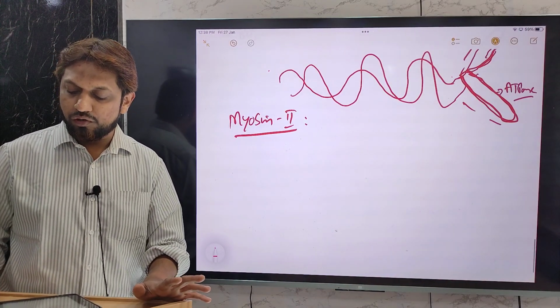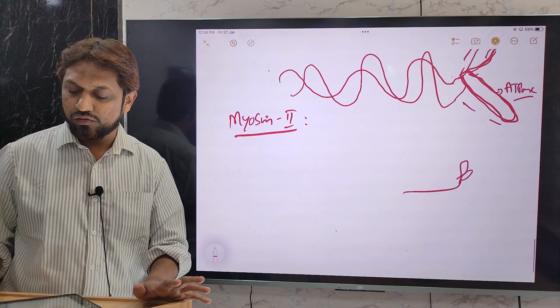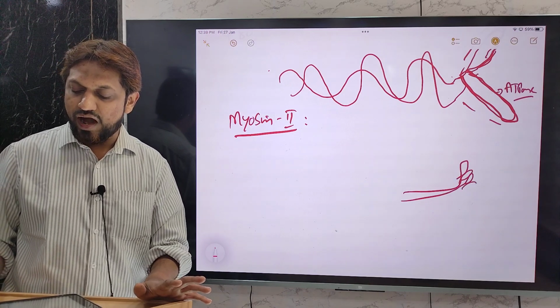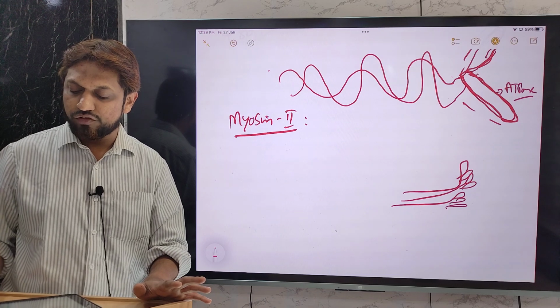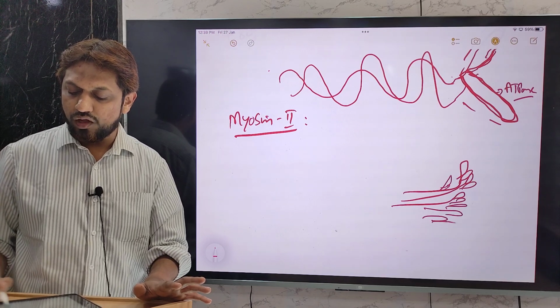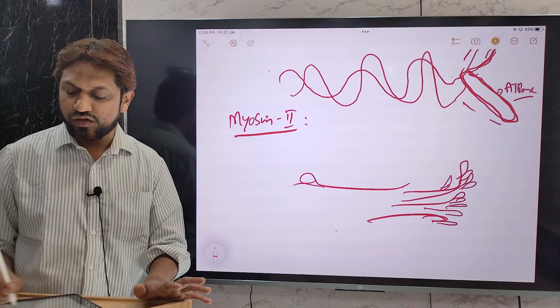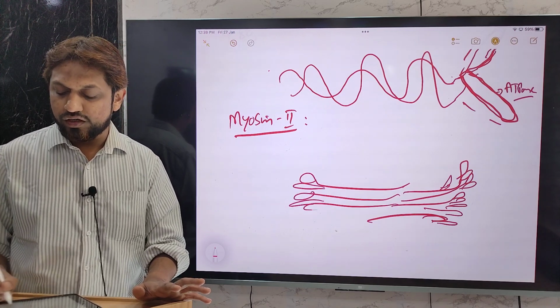Now, in the arrangement of these myosin molecules, the head portions are present at the periphery, whereas the tail portions are situated in the center.